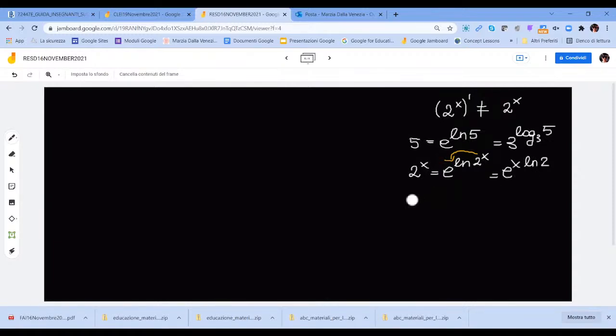And if you derive this one, you can consider the logarithm of 2 as a number. That means that the function x times natural logarithm of 2 is seen as a multiplicative factor times x. So the derivative will be the same times the derivative of the function. The function has a derivative 1 times the constant.